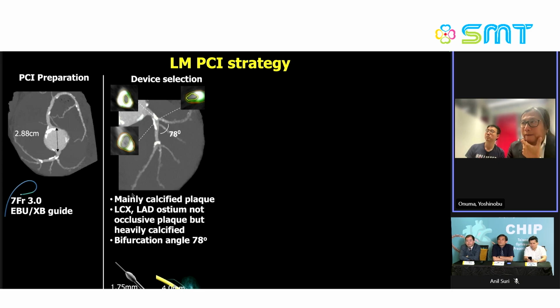We also have ostial disease of the circumflex, but it's not really significant. So we decided to use some adjunctive therapy, either rotablator or lithotripsy, but we think that there was some lumen space kept in the distal left main. So our first choice was lithotripsy with the 4 millimeter balloon.